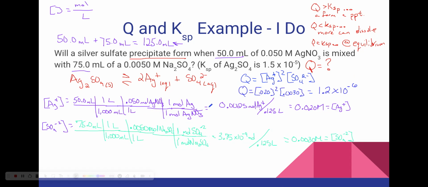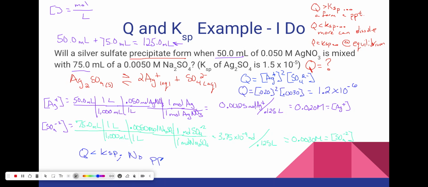So that means Q is less than K. Is this going to form a precipitate? No. No precipitate forms.